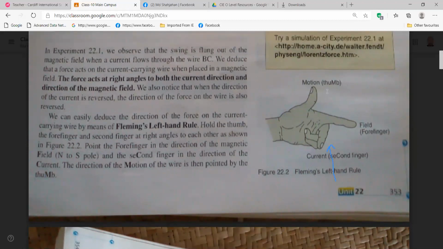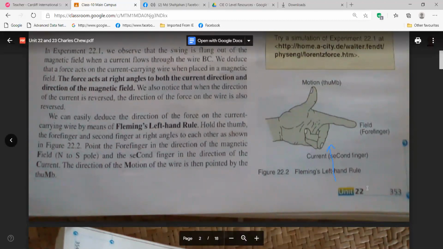The last point we discussed before ending. The third one, or the final one, was that we changed both the direction of magnetic field and current, right?